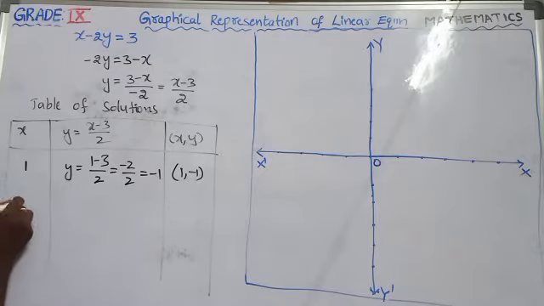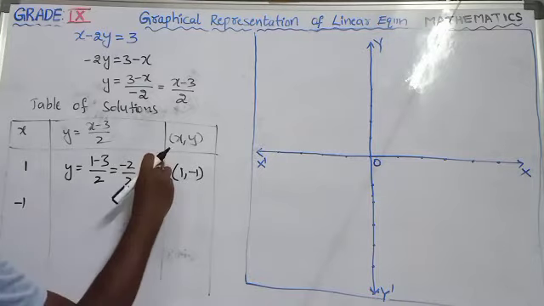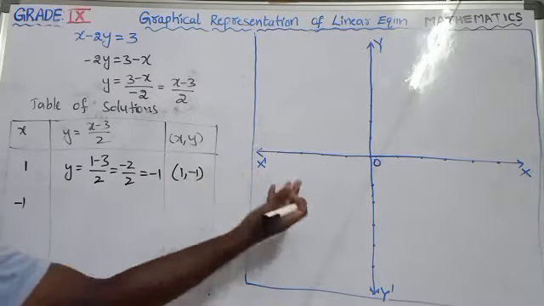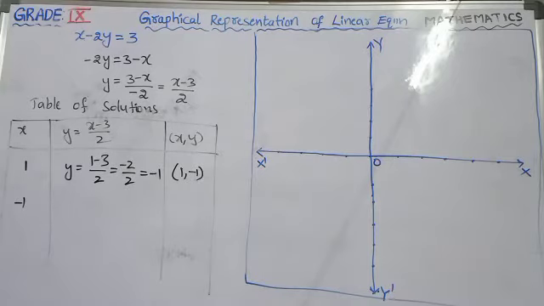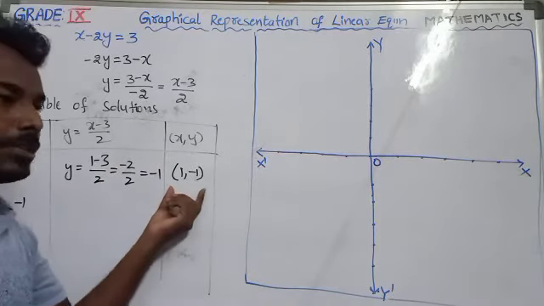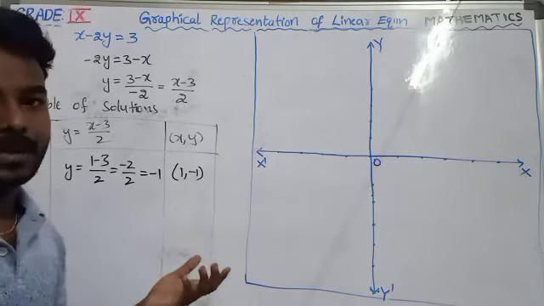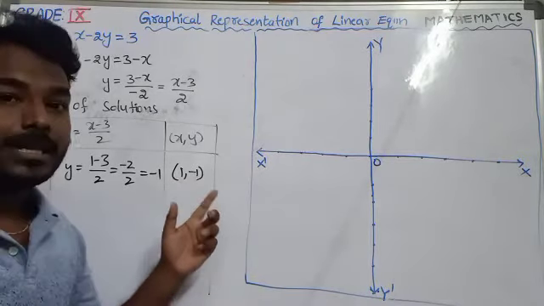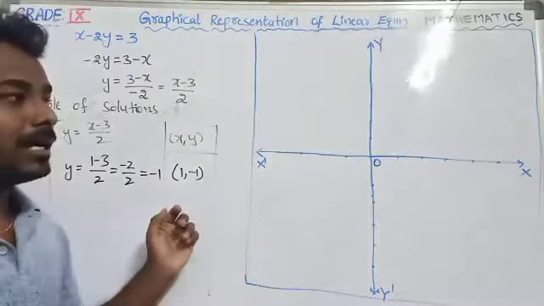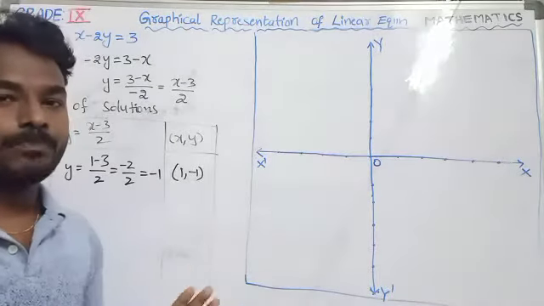Let us consider x equals minus 1. You can consider any value, but if you get integer values, you can easily locate them on the graph sheet. So our intention is that our solutions should be integers. Why? Because whenever you have a decimal form, for example 1 comma 0.3 bar, we cannot locate 0.3 bar exactly on the graph sheet.